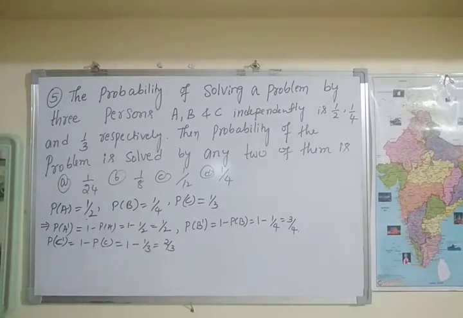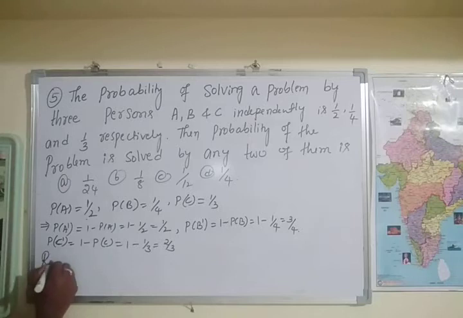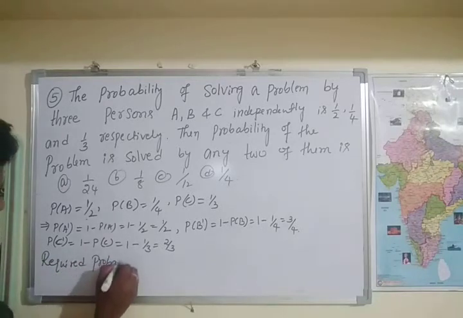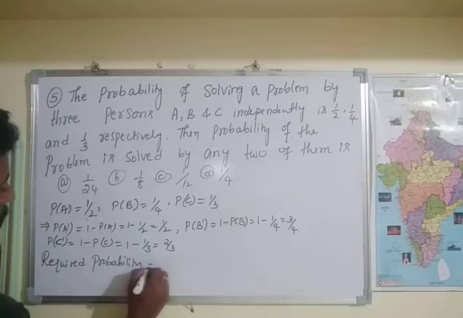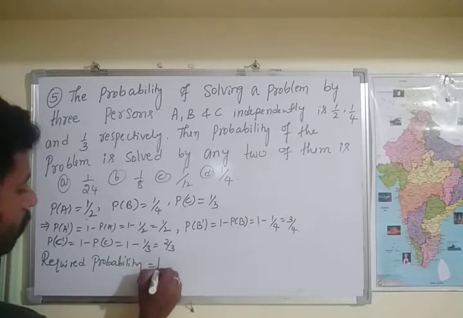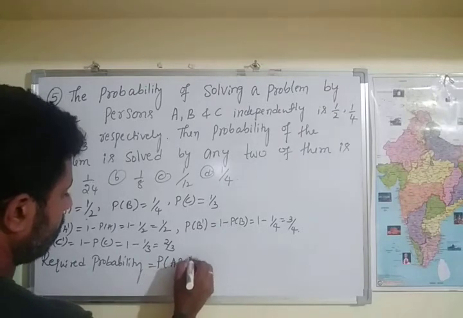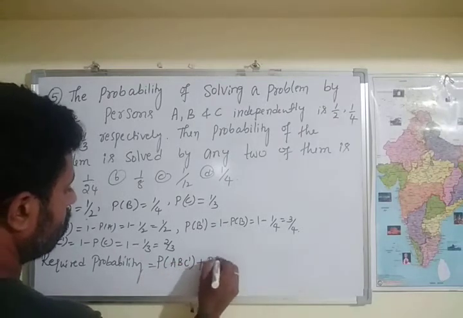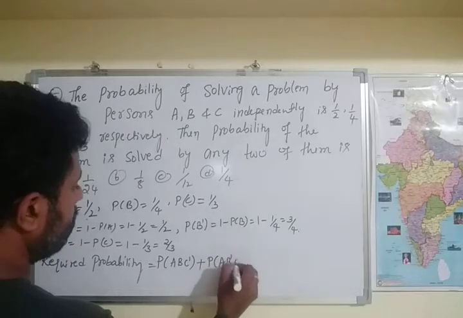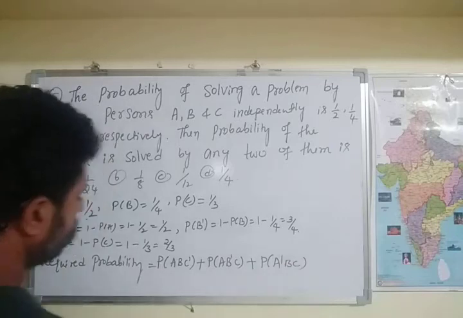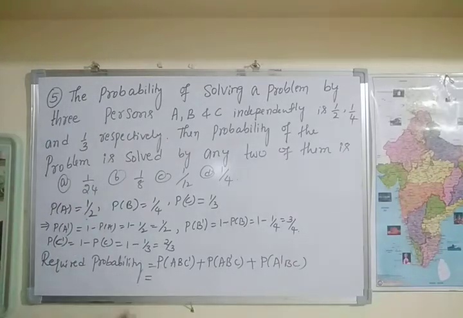Now here the required probability is equal to P of A B C dash plus P of A B dash C plus P of A dash B C. Now here probability of A into probability of B into probability of C dash is the first term.